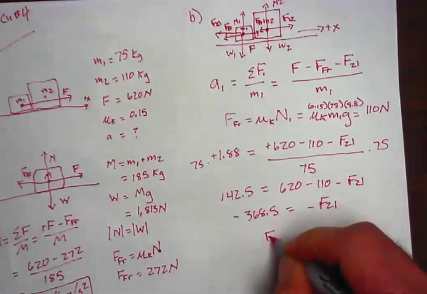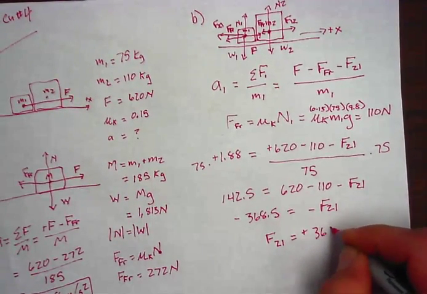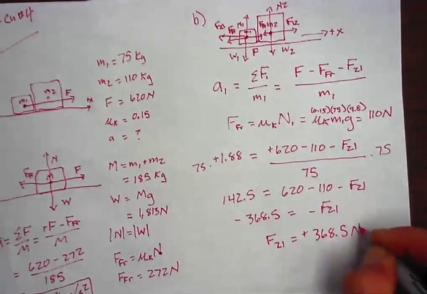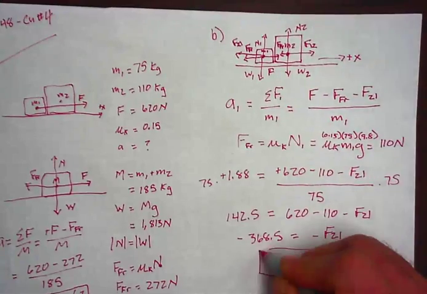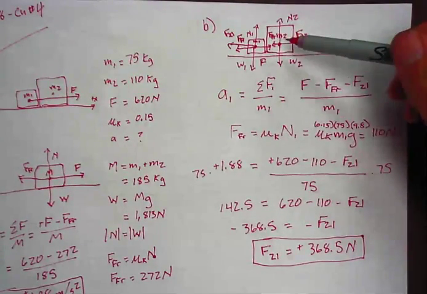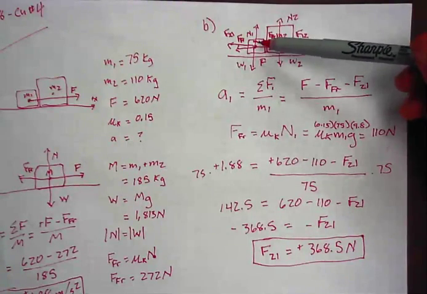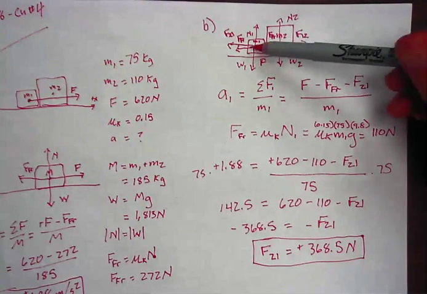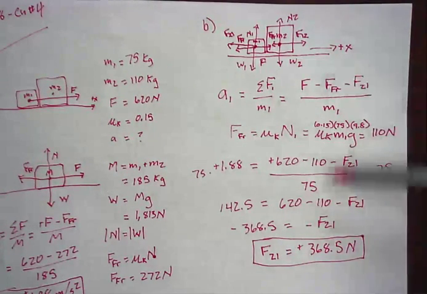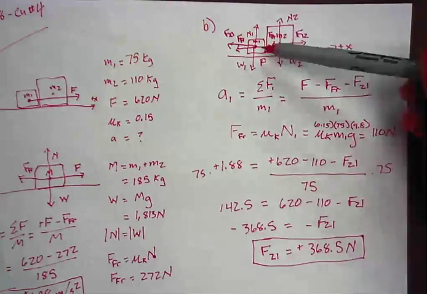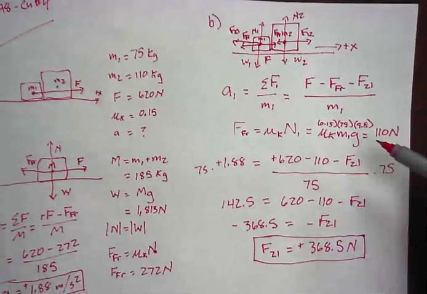Skipping a couple steps, F sub 21 is equal to plus 368.5 newtons. So this is how much force box 1 is exerting on box 2 to the right, and conversely, how much force box 2 is exerting back on box 1. That's my force of interaction between the two boxes, sometimes called a contact force.